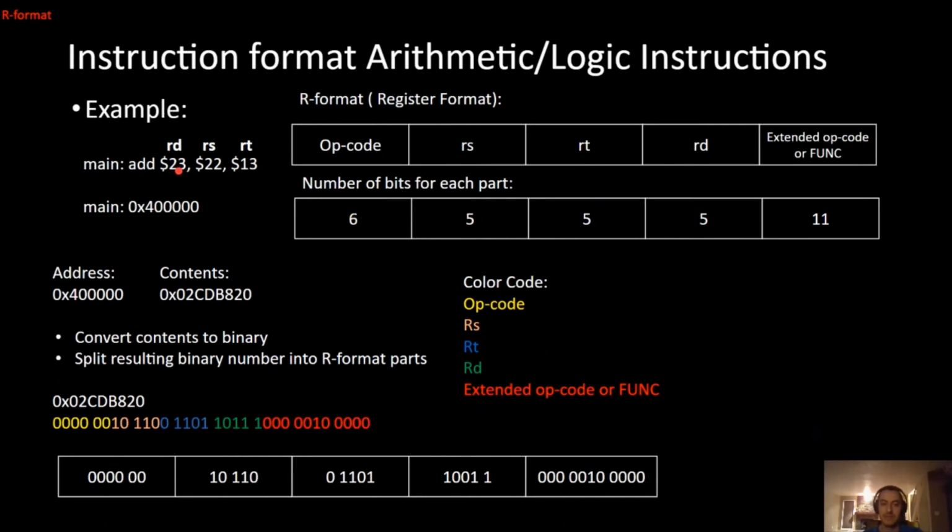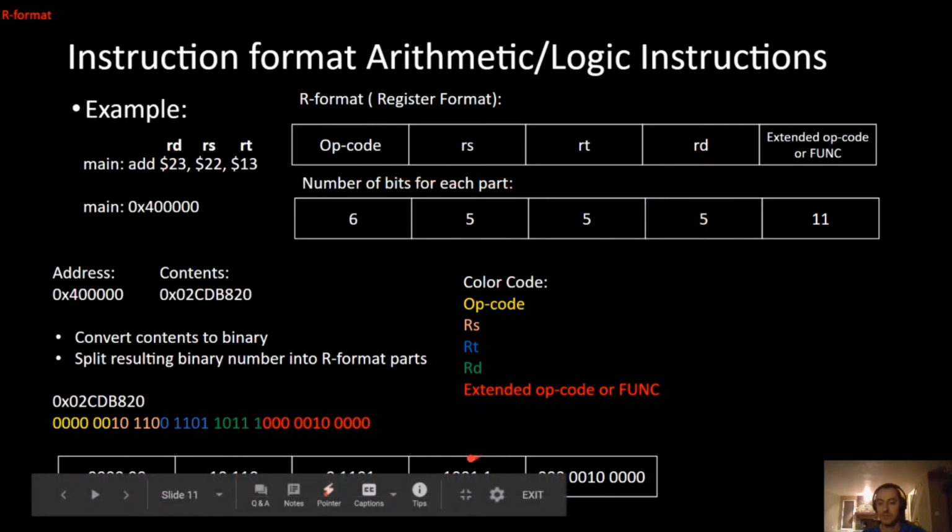For example, here register 23 might be T0 in MIPS. If you see T0, you look up the table to see the number for T0, and say it's 23. Then you convert 23 to a binary number. This is RD, so RD goes to this last block.